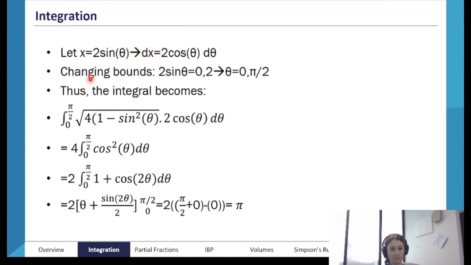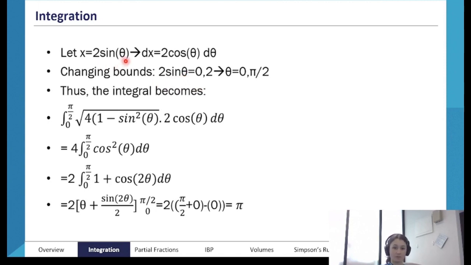Now, we need to change the bounds. And this is a step that's important when we're getting into definite integrals as opposed to indefinite integrals where we don't have bounds. So as we said in the slide beforehand, we need to let the previous bounds be equal to our substitution. So our substitution was 2 sine theta.